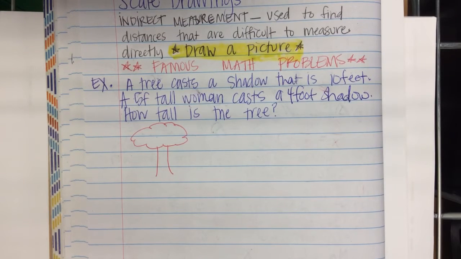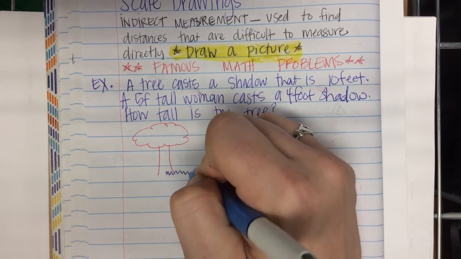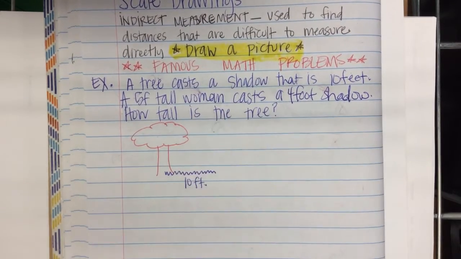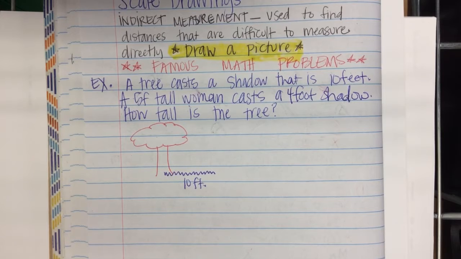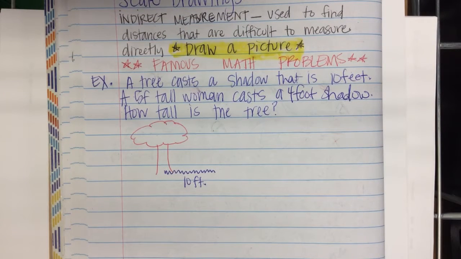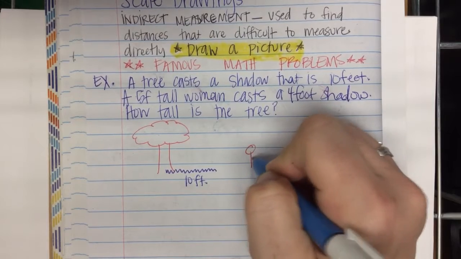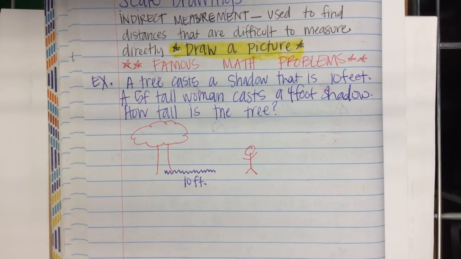I've got a tree. And this tree, I know that the shadow is 10 feet. Tanner, you need to face all the way to the front, please. Then I've got a woman.